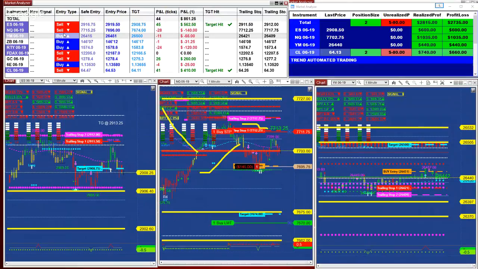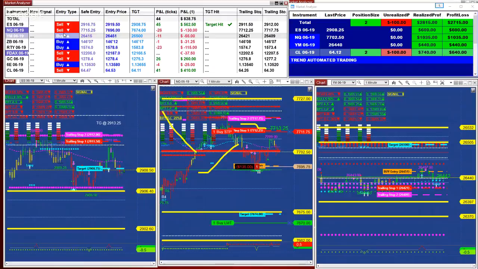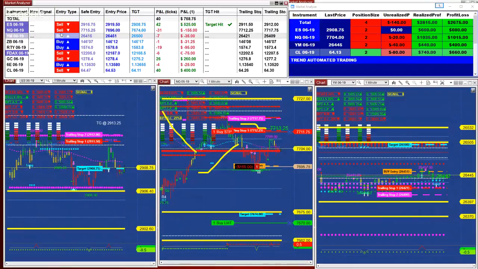So now we are going to start getting smoother movement in the market because the 30-year Treasury bond just fired a signal, and the ES is going in the opposite direction, and we are going to see some movement in the market.